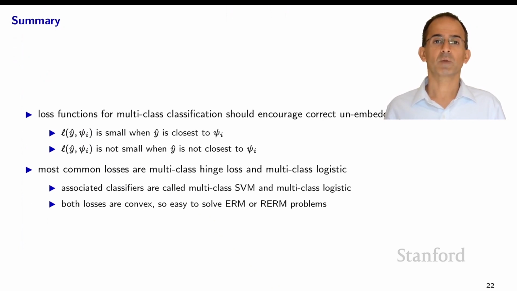The most common losses people use are the multiclass hinge loss and the multiclass logistic loss. And these 2 classifiers are called the SVM and the logistic classifiers. And both of these losses are convex, so we can solve easily the ERM or the RERM problems in the case where the predictor is a linear predictor.